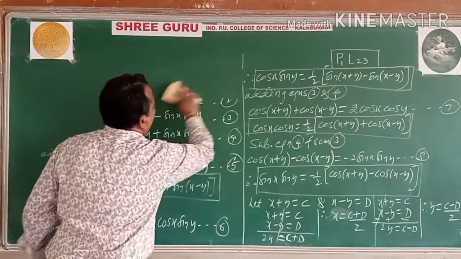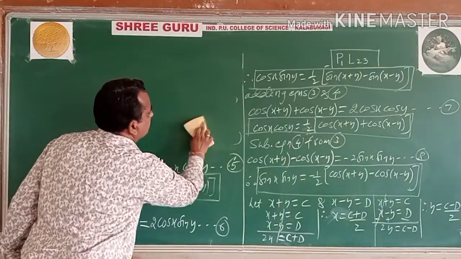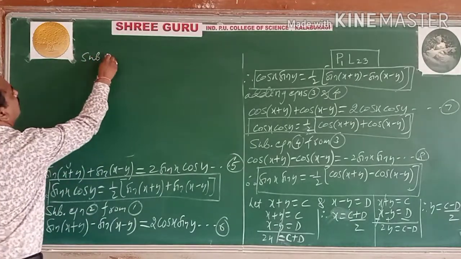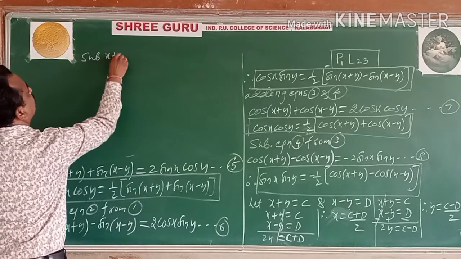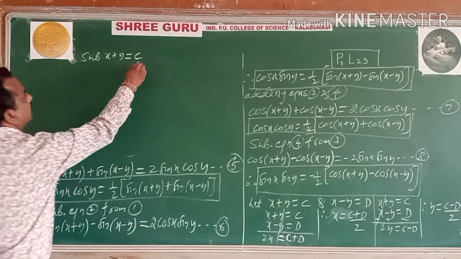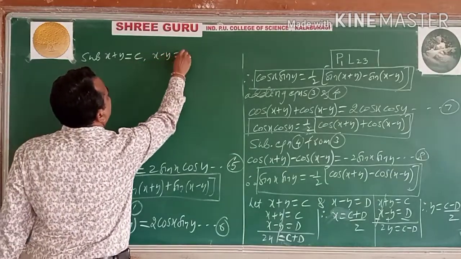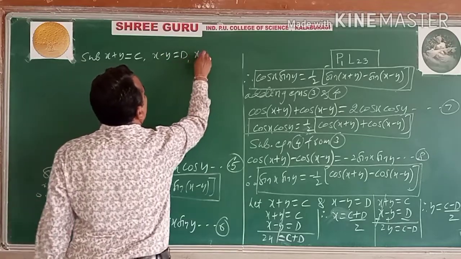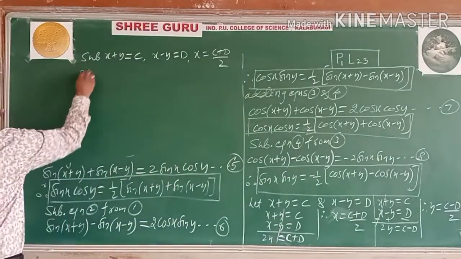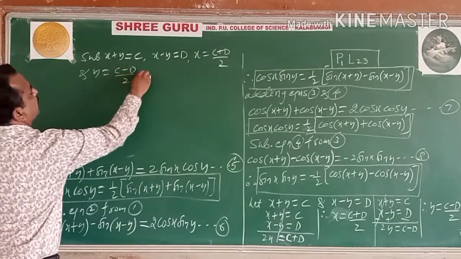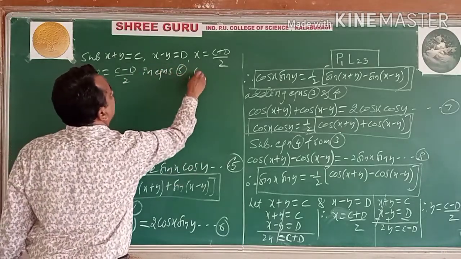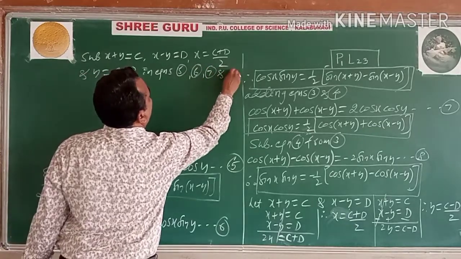Now let us see another angle. Substituting x plus y equal to c, x minus y equal to d, x equal to c plus d by 2, and y equal to c minus d by 2 in equations 5, 6, 7 and 8.